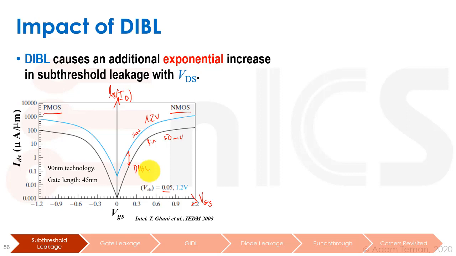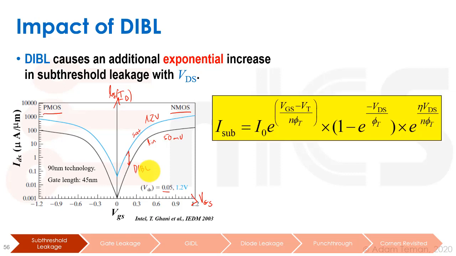One of the popular models for subthreshold current takes this into effect. So we take I subthreshold as some sort of a constant, e to the power of VGS minus VT over nVT. That's the exponential dependence on VGS and VT with our subthreshold coefficient inside that, and our temperature dependence in the thermal voltage. Okay, and then we have this times e to the power of eta VDS over nVT, where eta is the DIBL coefficient.